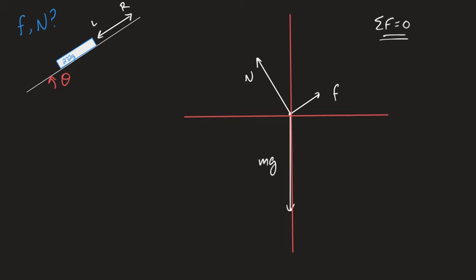In order for us to turn the axes to line up with the ramp, we have to turn this axis theta, right? That many degrees it has to be turned. So that's what I'm going to do. I'm going to turn this one theta degrees to get it to line up with the ramp.